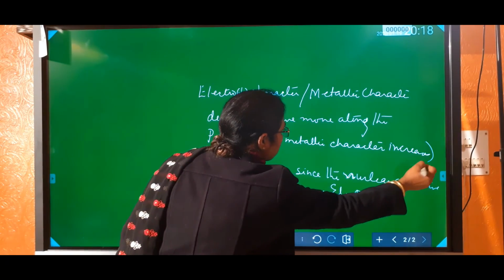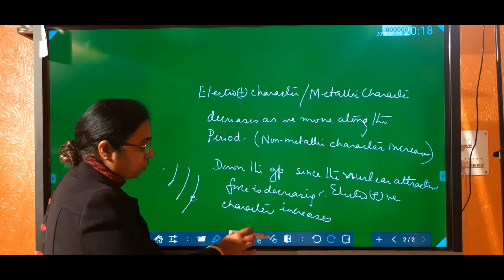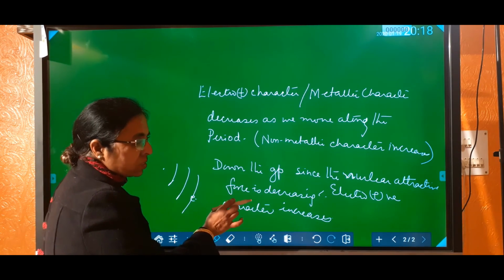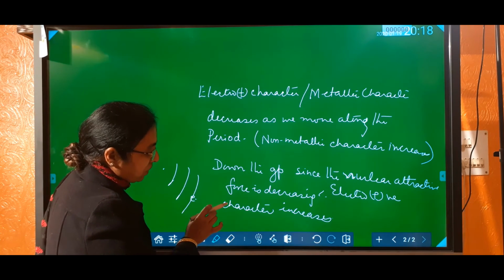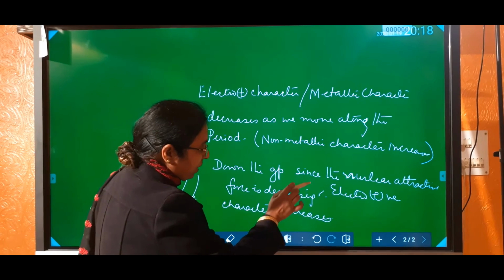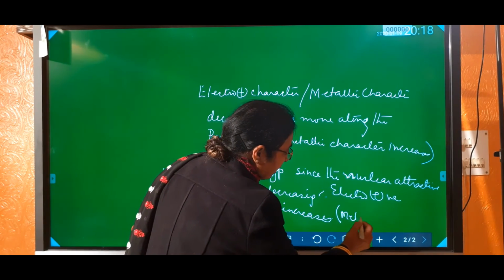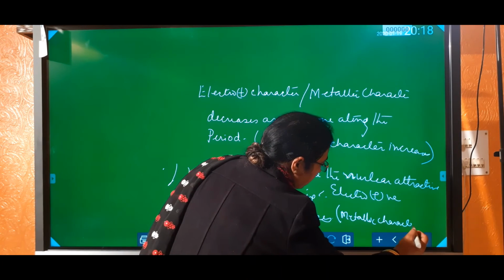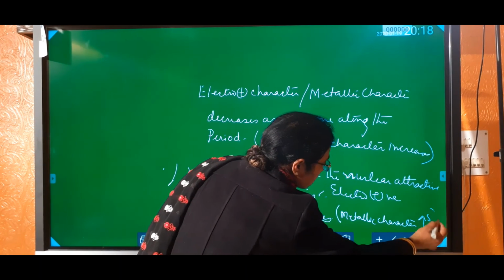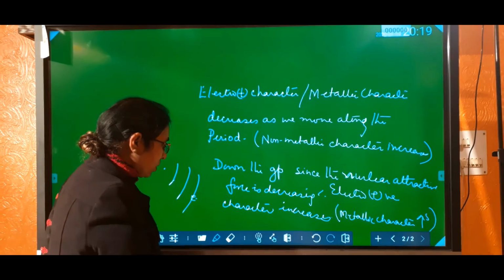Down the group, the ease of giving electrons increases, so the electropositive character also increases, or we may say that metallic character increases down the group.